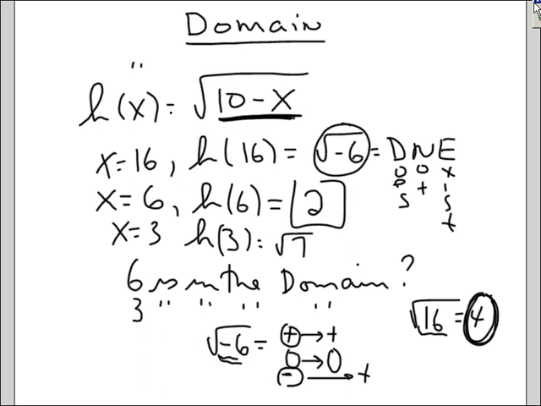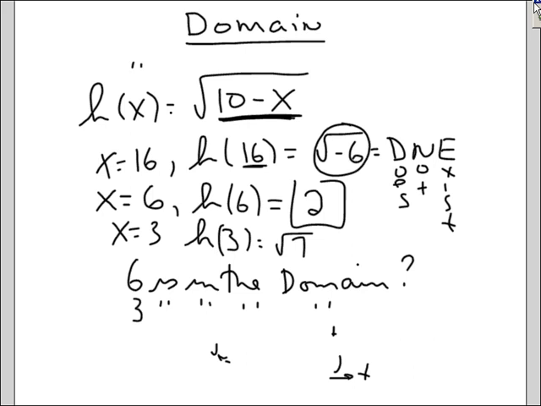So 16, remember, I let x be 16, but I didn't get back a y value. I got back nonsense. I got back something that doesn't exist. That means 16 is not in the domain. Only values that you can plug in for x and get back intelligent answers.